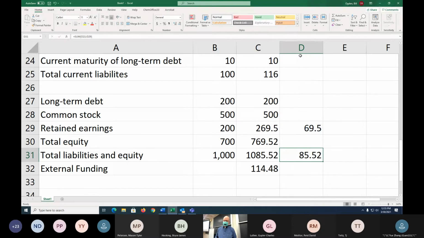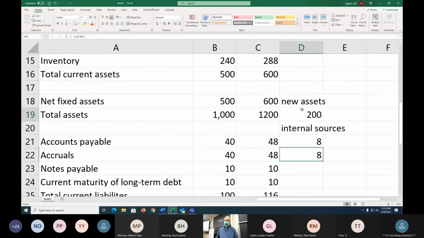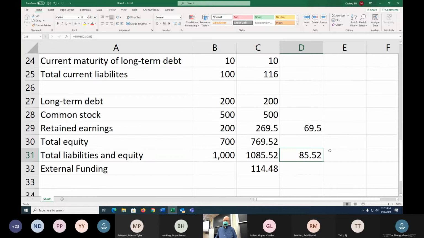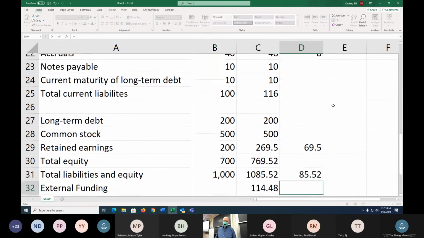So here's my internal sources. So of this 200 in new assets, I can fund 85.52 internally. So we'll do the difference and see what we have to fund externally.